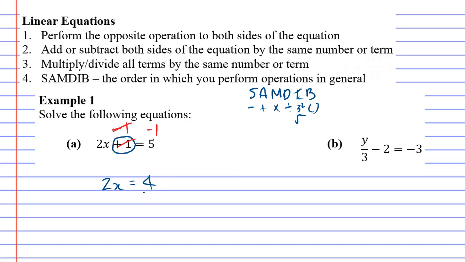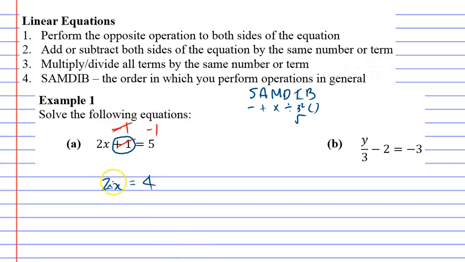Now, once again, if we look at the order of SAMDIB, we've got subtraction and addition first, there's none of that left, and then we've got multiplication and division next. This, in case you've forgotten, is actually multiplication. That's 2 times x. So, now let's see what step 1 says. Perform the opposite operation, do it to both sides.